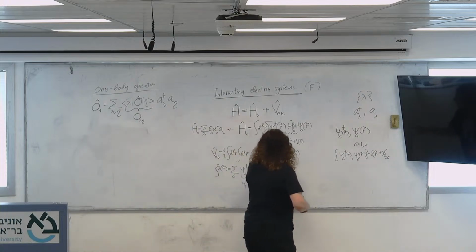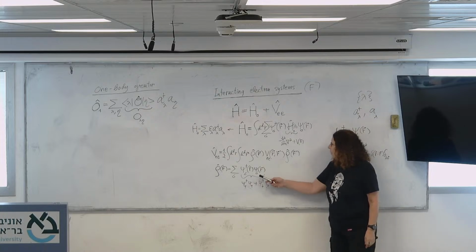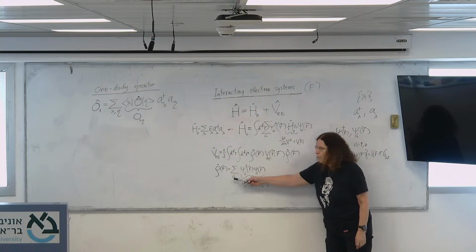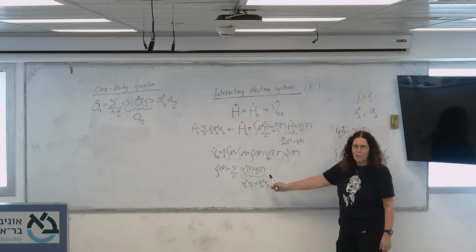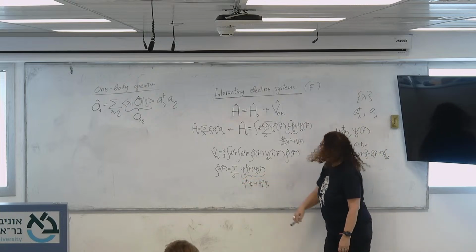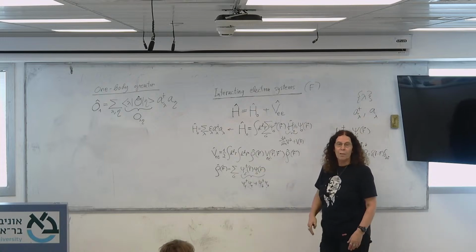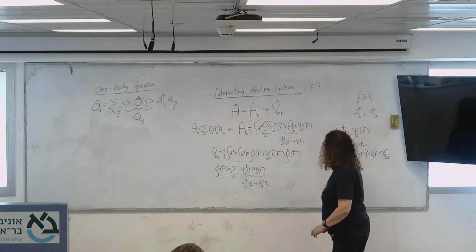If I plug it into this expression, I will have also a sum over sigma and sigma prime. I'm not writing it explicitly because it's long, but I'll have a double sum on the spins, and I will have 4 operators, 2 annihilation and 2 creation.